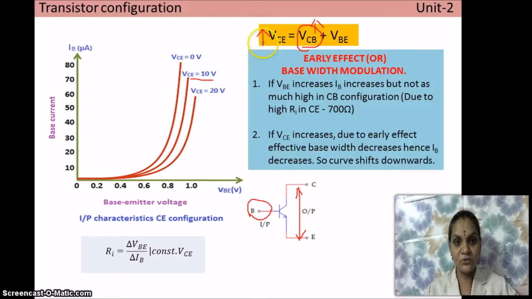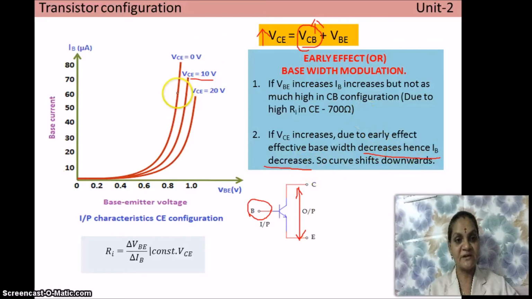If this output voltage VCE increases, the reverse bias voltage also increases. If the reverse bias voltage of the collector junction increases, the depletion layer width increases, so the effective base width decreases. As a result, base current decreases. This is the same as the base width modulation we discussed in the common base transistor. The same thing happens, so base current decreases.